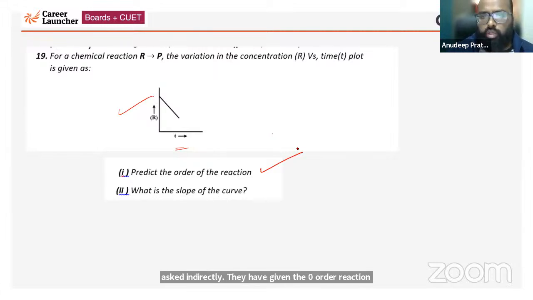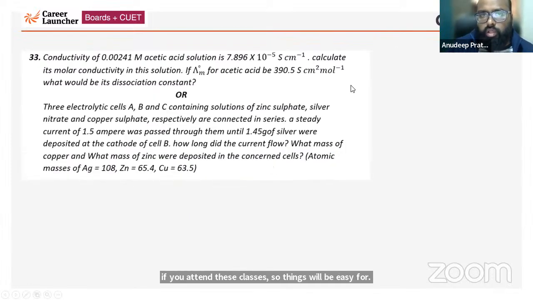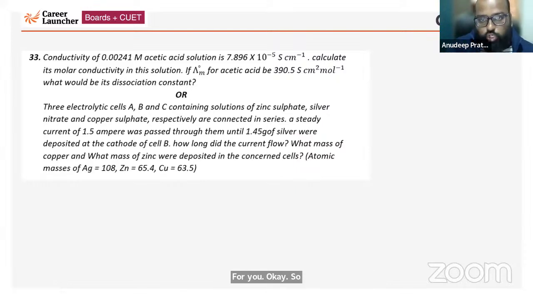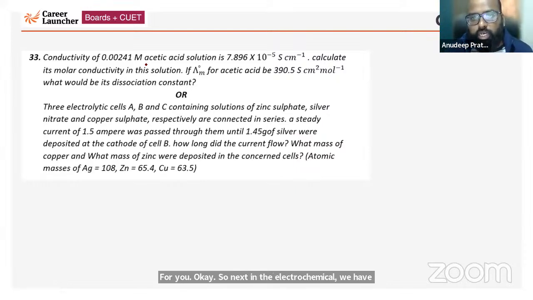If you know this question, you would have done it easily. So that's what he's also asked here: what is the slope of the curve? So if you would have attended these classes, things will be easy for you.